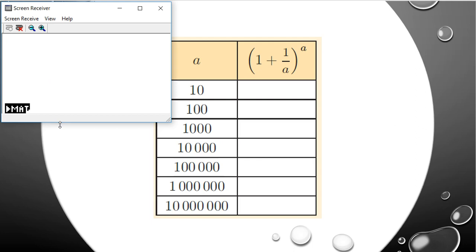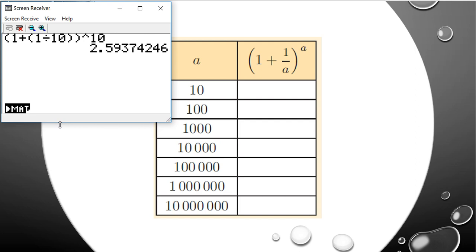Then I have 1 plus 1 divided by 10 this time. I have parentheses there also, raised to a, which is 10 this time. So, then you see that it is 2.59.